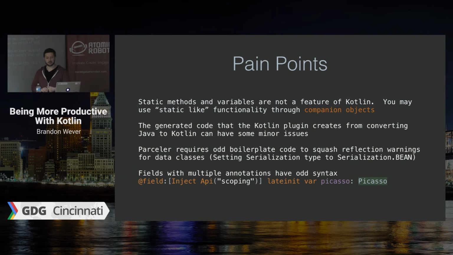And then this one was probably the most annoying one. I was trying to inject something that was scoped with our API scoping. In order to have multiple annotations, you have to use this @field : open square brackets, and then your two annotations.